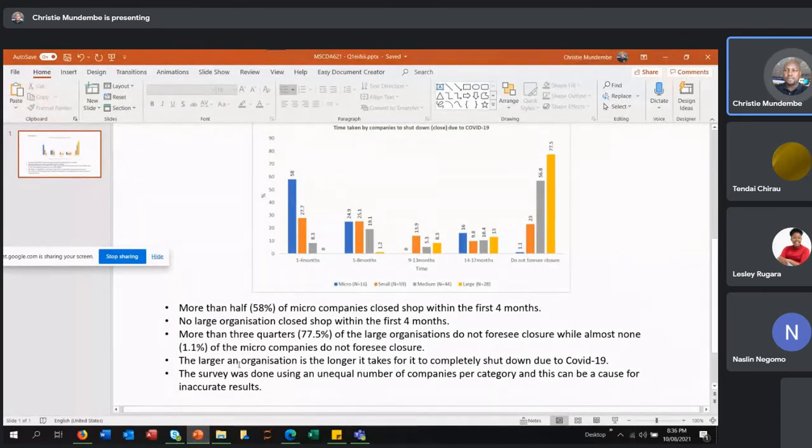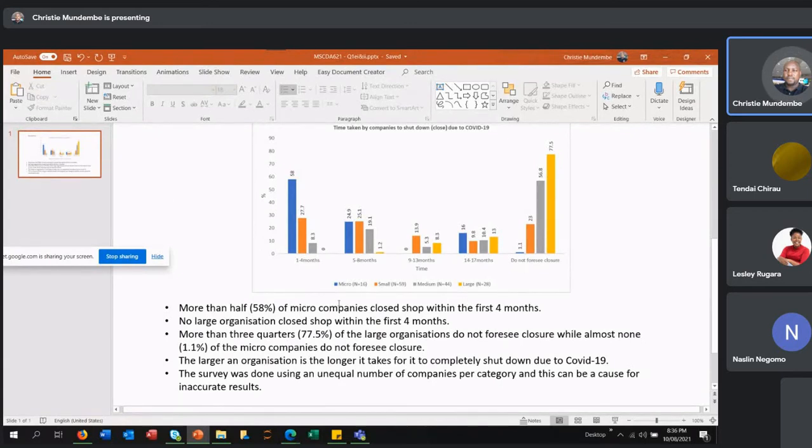Then maybe we can point out that the larger the organization is, the longer it takes for it to completely shut down, based on our 2 major observations from this 1 to 4 months foresee-closure section. One other thing we noted is the sample sizes: for micro we only have 16, and I think the highest is 59 small companies.